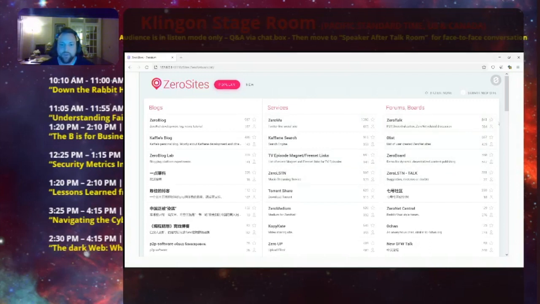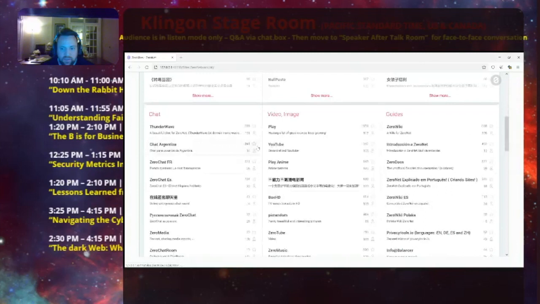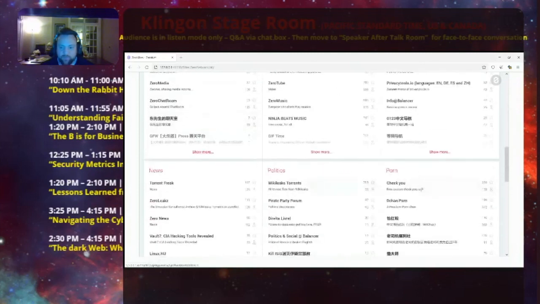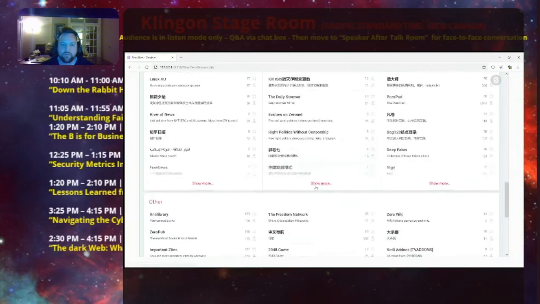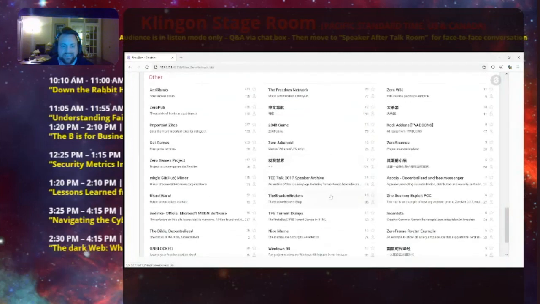And then I can scroll through and see which blogs are popular and which ones aren't. You can see there's a lot of different Asian sites on here. My favorite thing is they explicitly put porn into its own category, and you can filter out anything like that, which is much nicer than some of the other stuff that you see. And again, compared to the other dark nets, you see how much Asian content exists within this environment.